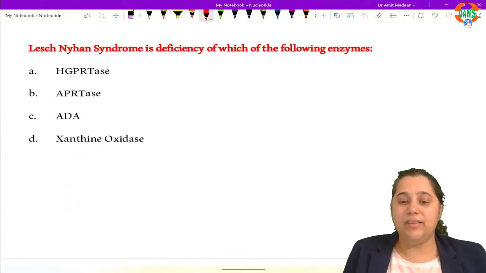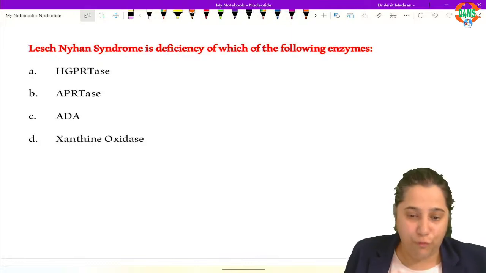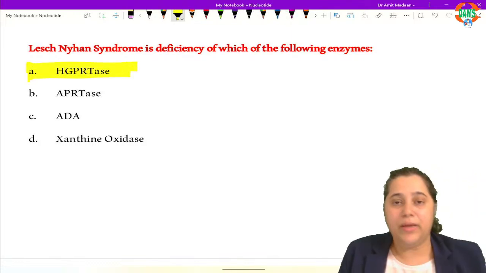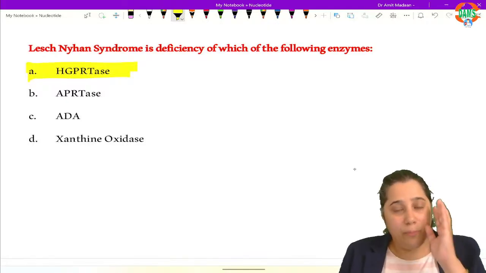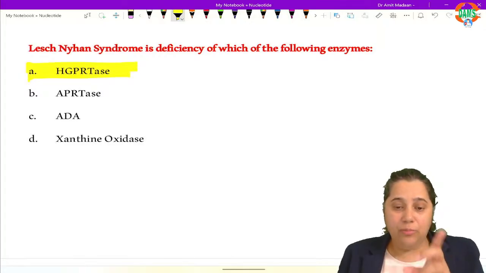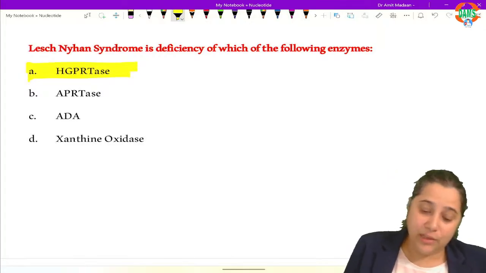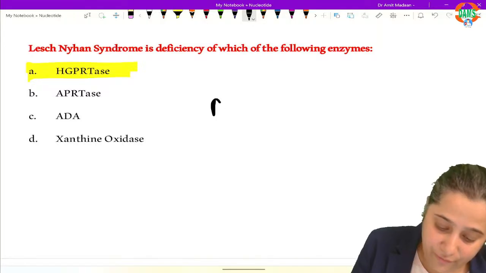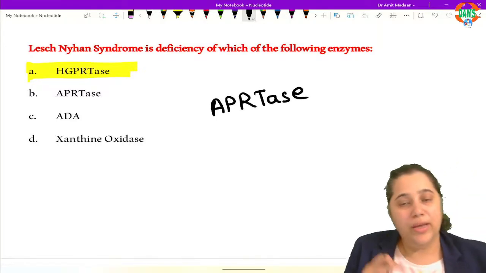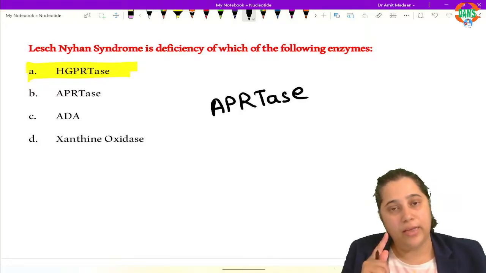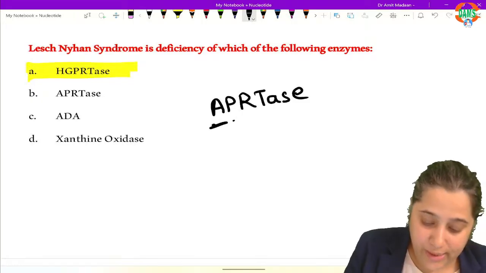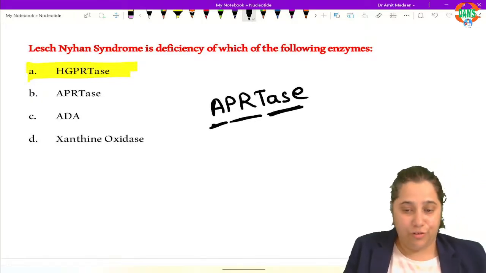Lesch-Nyhan syndrome is deficiency of which of the following enzyme? Said it several times. It is HGPRTase defect, purine salvage pathway. The HGPRTase belongs to salvage pathway. Another enzyme of salvage pathway is APRTase. Like we have hypoxanthine guanine phosphoribosyl transferase, A is for adenine phosphoribosyl transferase.